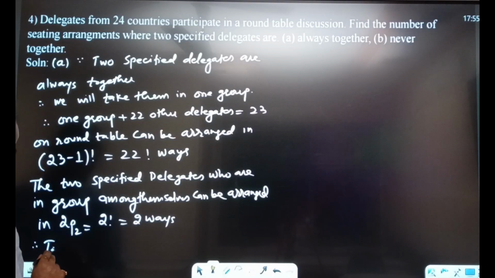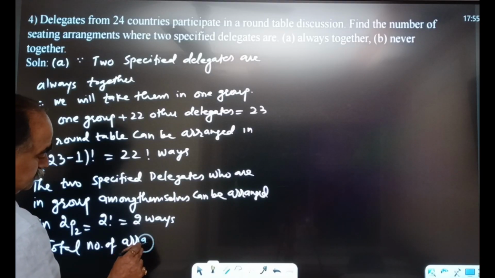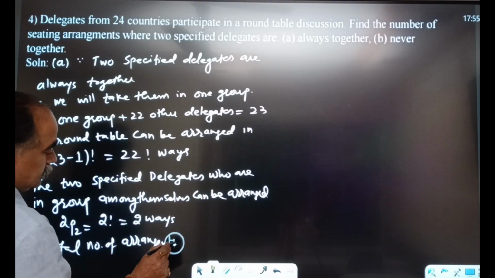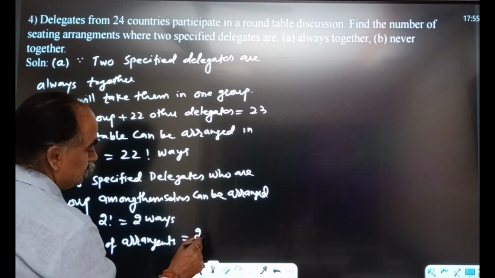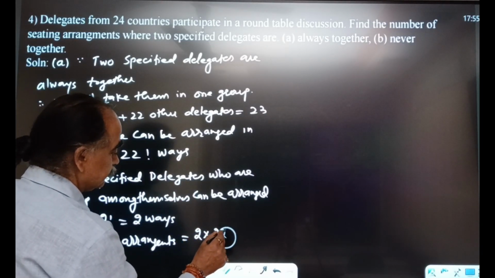Therefore, total number of arrangements is 2 into 22 factorial ways.